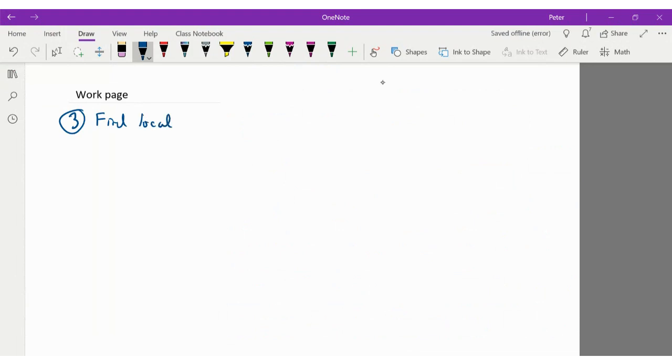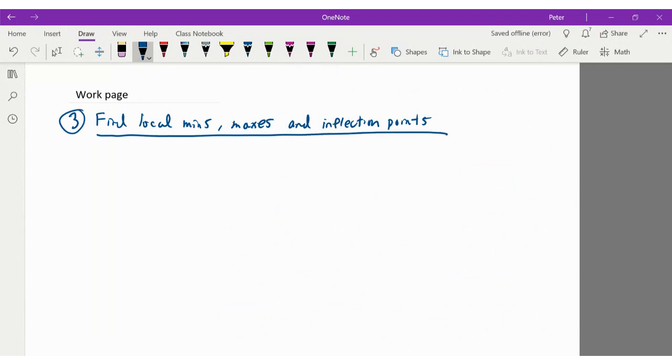Find local mins, maxes, and inflection points. Okay.